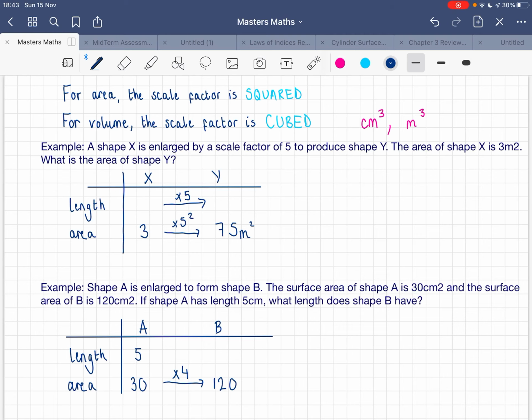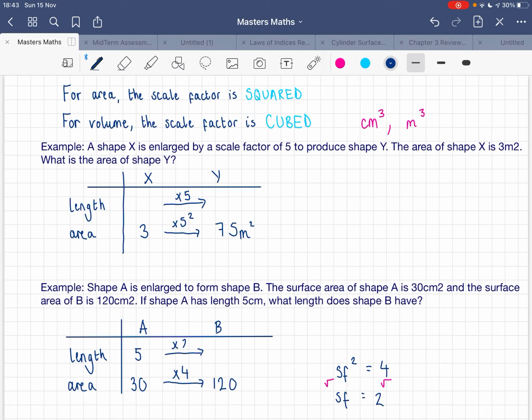To get the length, we need to work out what the original scale factor was before we squared it. We had a scale factor, we squared it, and we got 4. To work out the scale factor, we have to do the opposite of squaring, so we square root 4, which gives us the original scale factor. The square root of 4 is 2, because 2 times 2 is 4.